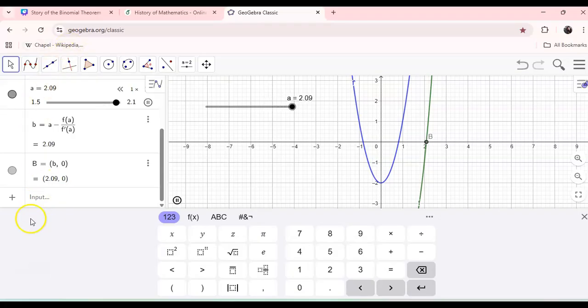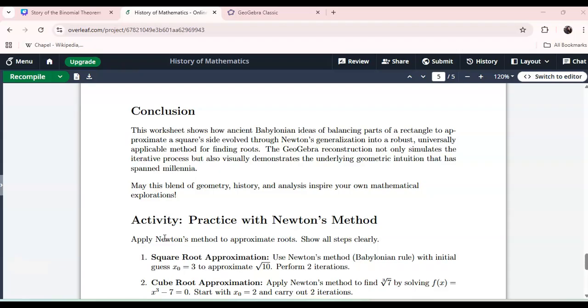So this worksheet shows how ancient Babylonian ideas of balancing parts of a rectangle to approximate a square side evolved through Newton's generalization into a robust, universally applicable method for finding roots. The GeoGebra reconstruction not only simulates the iterative process, but also visually demonstrates the underlying geometric intuition that has spanned millennia.